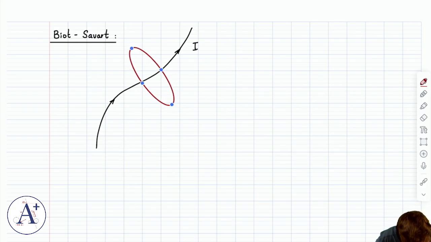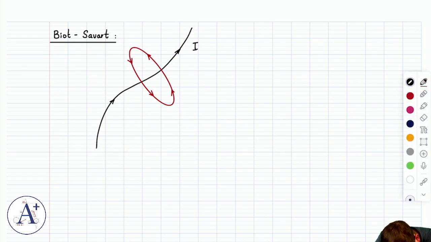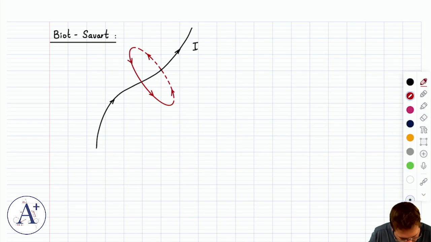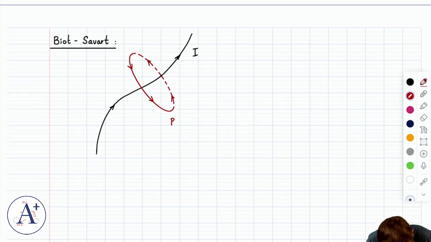So I'm going to have B coming around like that, and then going behind the wire. So this is going to be behind the wire, and to make sure that that's super clear, we will make this part a dotted line. Okay, dotted line is behind the page, solid line is coming out of the page, and the magnetic field B is going to look like this.